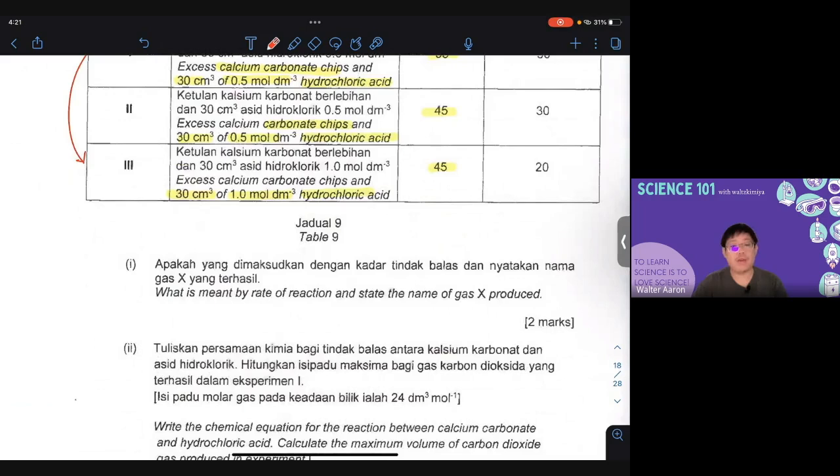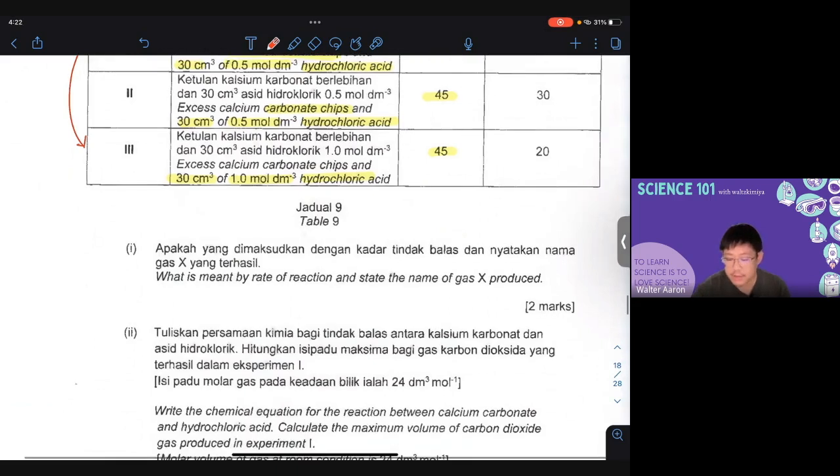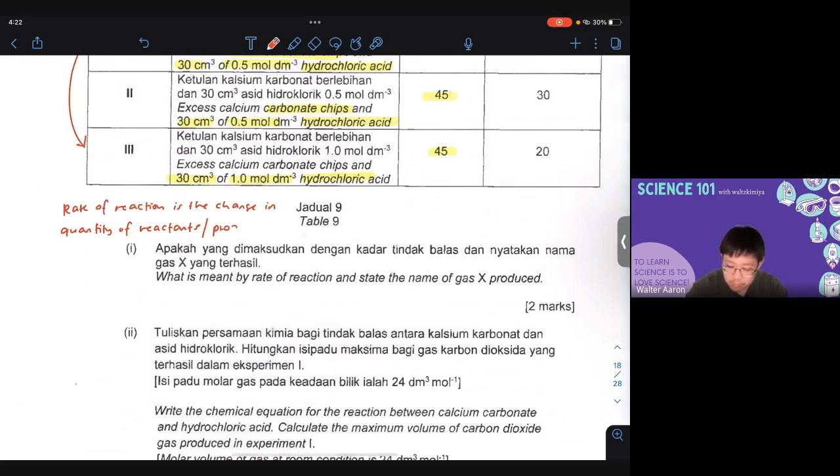So what is meant by the rate of reaction and state the name of gas X produced? So rate of reaction is the change in quantity of product or reactant over time. So you can put here rate of reaction is the change in quantity of reactants, or you can choose to say products as well, over time.